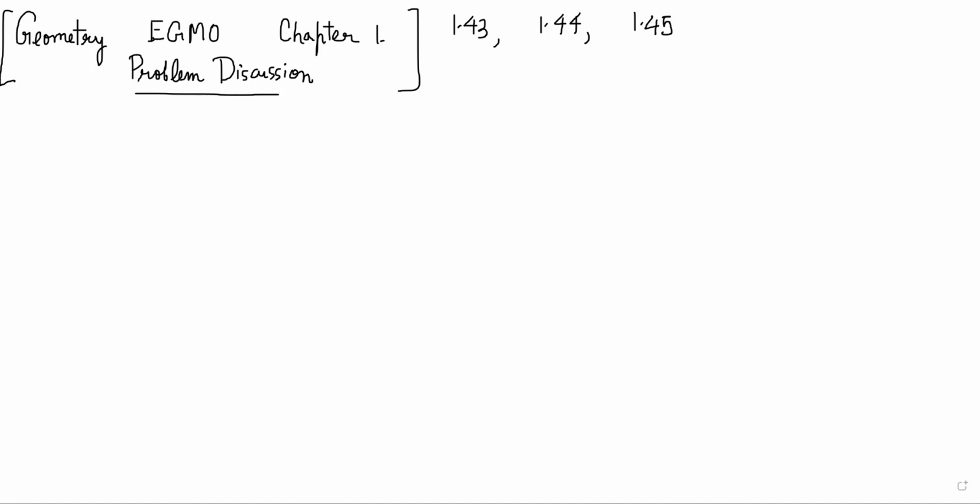1.43, right? JMO 2011. Points A, B, C, D, E lie on a circle W and point P is outside.